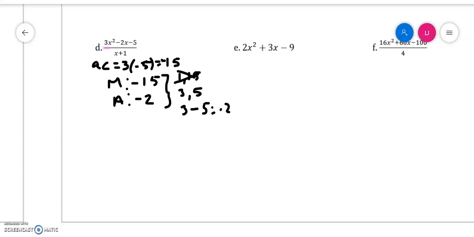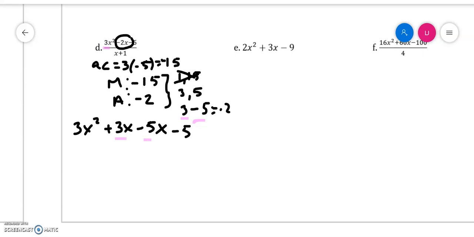So that's what works. So what we're going to do with these two numbers is we're going to rewrite our b term using these two numbers. So we'll keep a, 3x squared, then we'll have plus 3x minus 5x using the two numbers, 3 and negative 5.